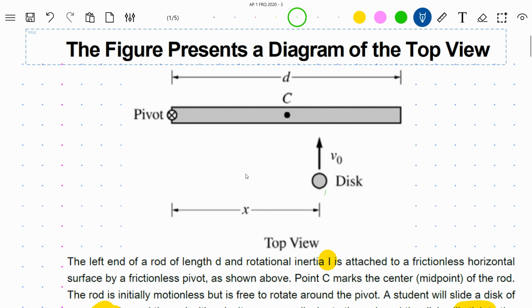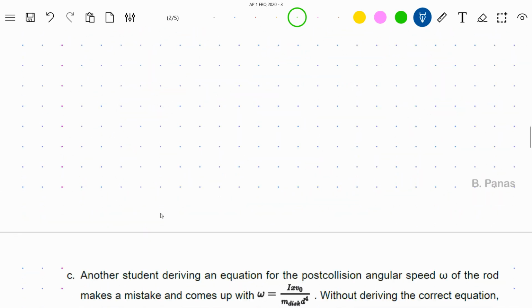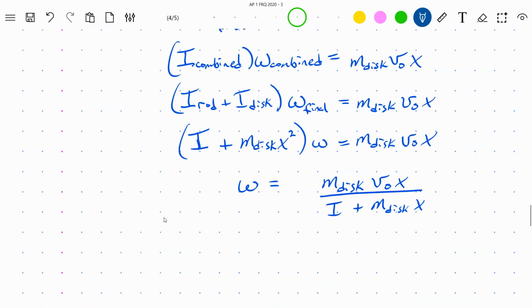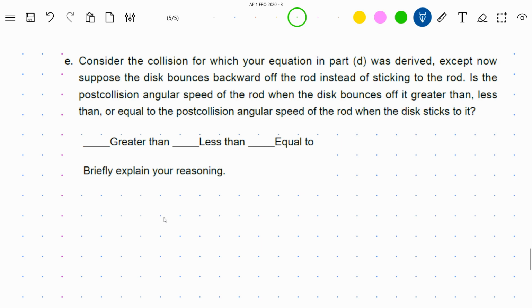All right, so if we go back down to that part of the question, I think I'm ready to answer it and explain it. In which case will it be spinning quicker, greater, less than, or equal to the case if it had stuck to it? The answer is greater.